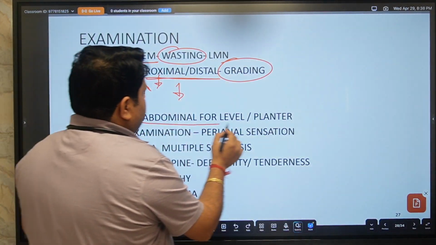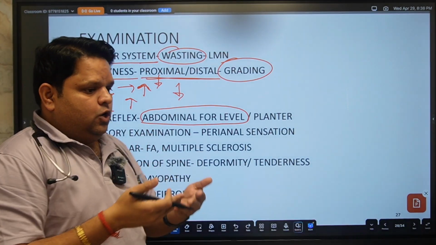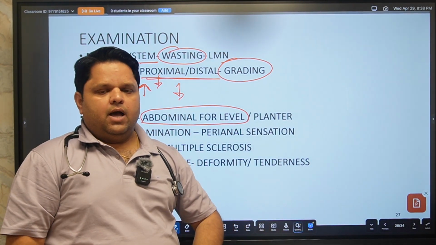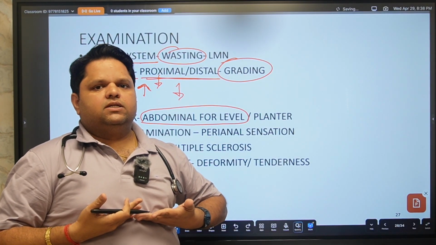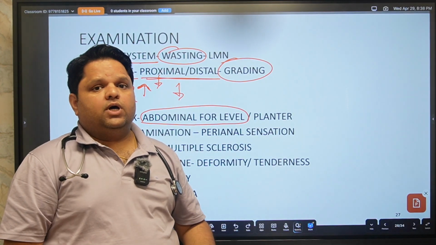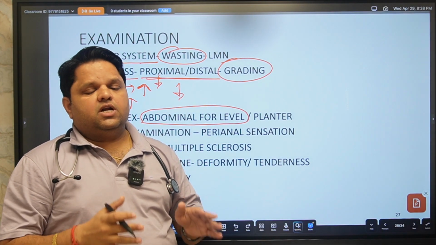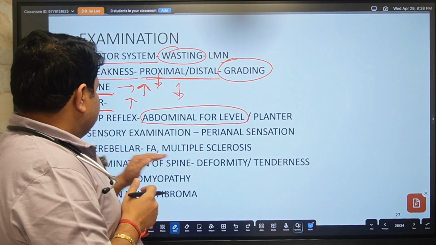Superficial reflexes, abdominal, especially for localization of the lesion. If the abdominal reflex is present above the umbilicus and absent below the umbilicus, this may suggest a lesion around T10, the level of the spinal cord.